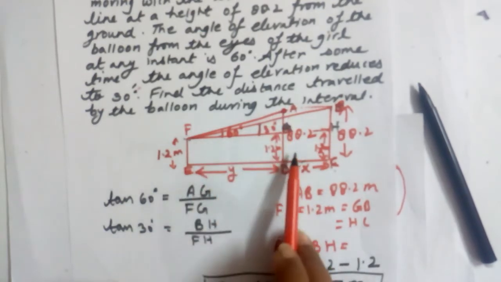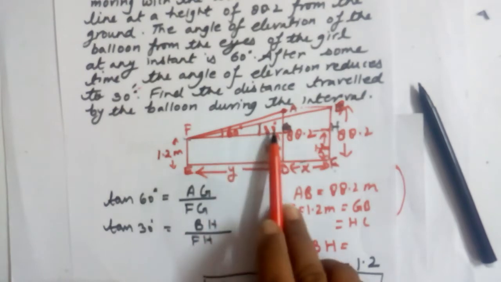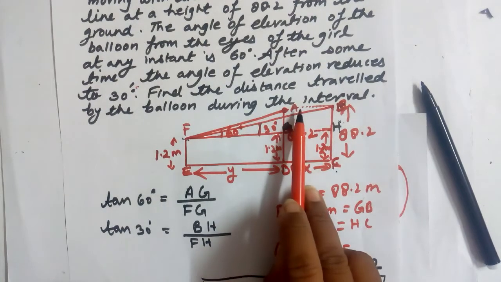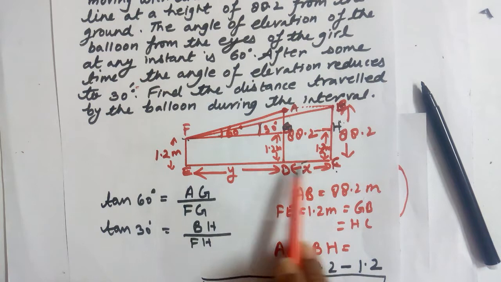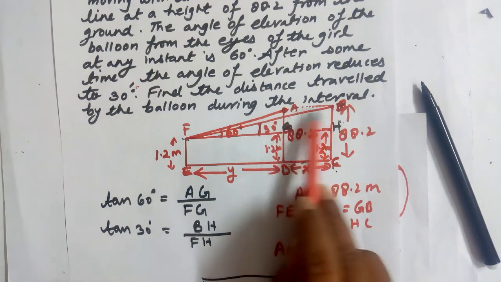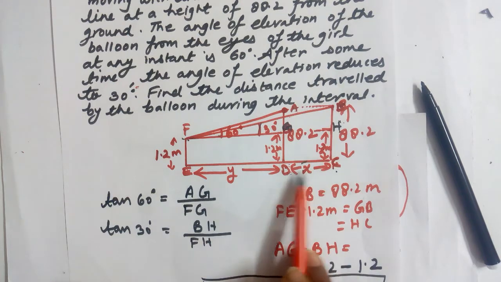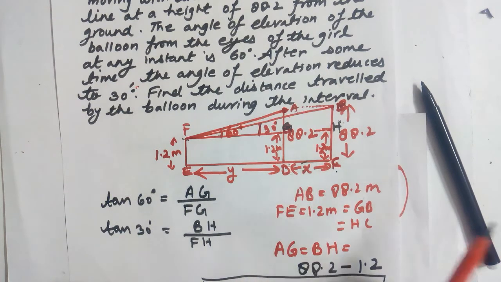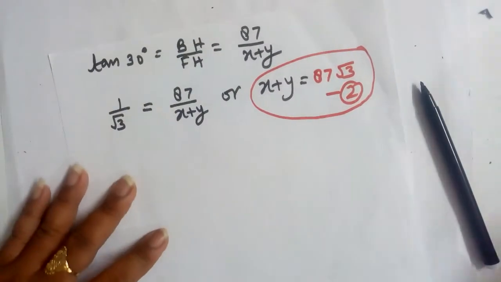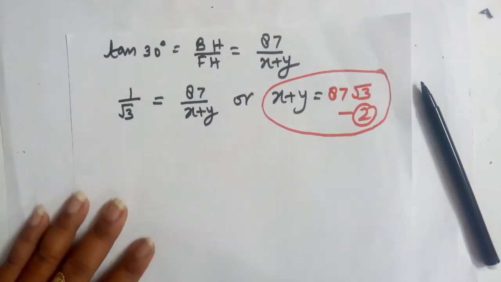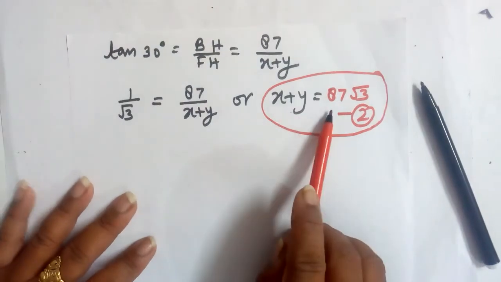But when it shifted the angle, and it shifted from the point A to B, the distance will be Y plus X. So this A to B is the X, and we need to find out this X also. So what we have to do, we will put the value of Y in equation 2.